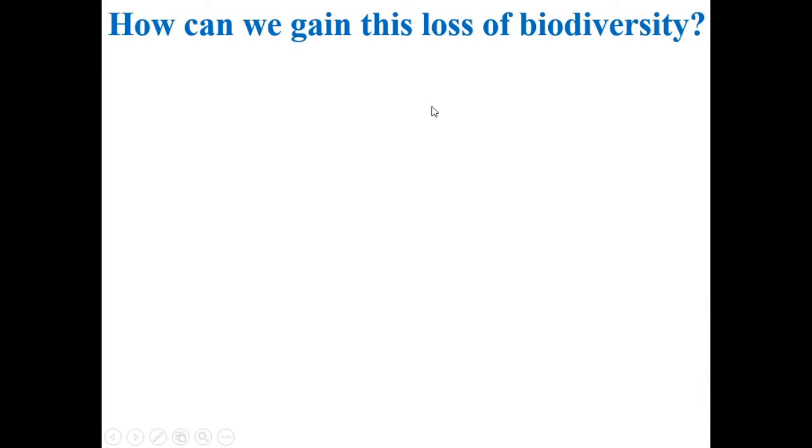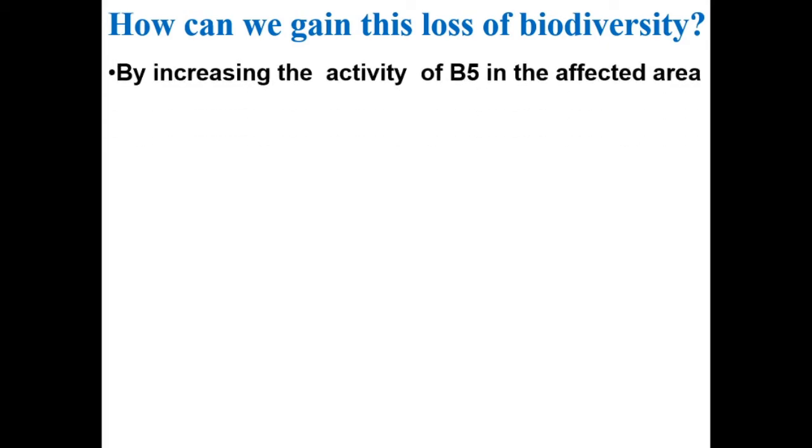How can we gain back this loss of biodiversity? So we have seen the role of all these B5. Role of bees, role of butterflies, role of birds, role of bats, role of beetles, and so on. How can we gain back this loss of biodiversity?